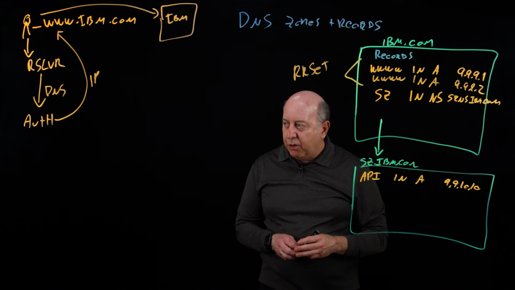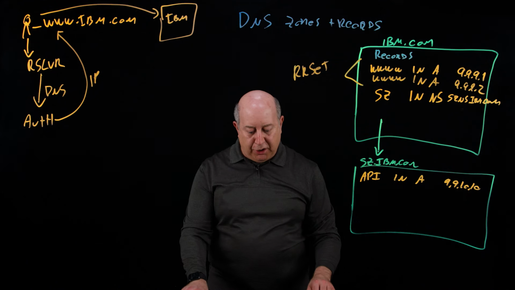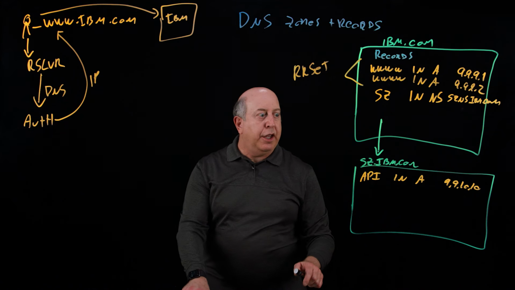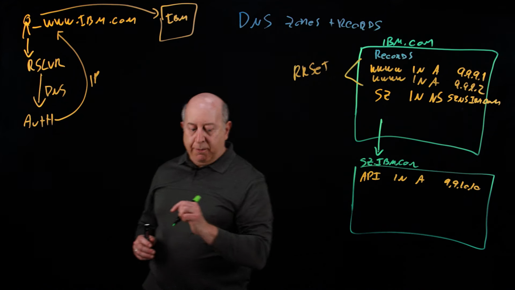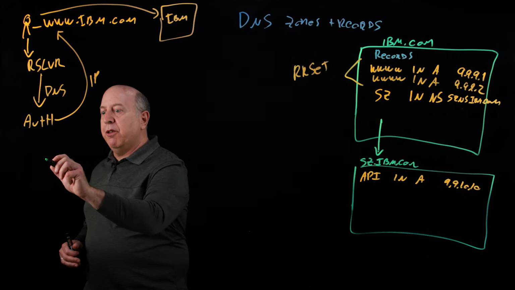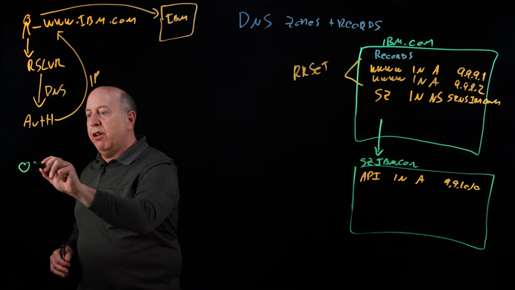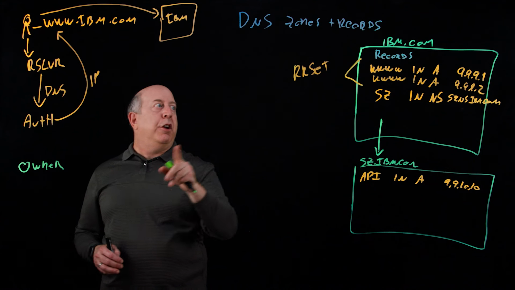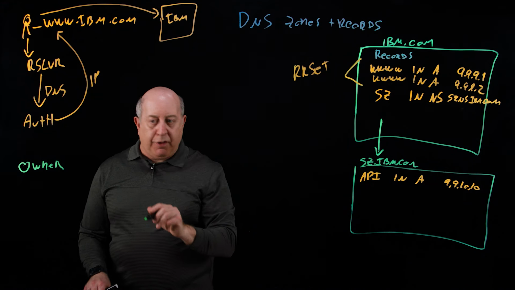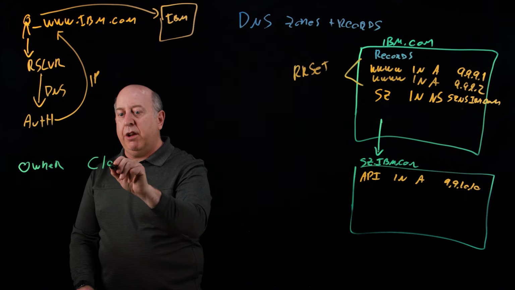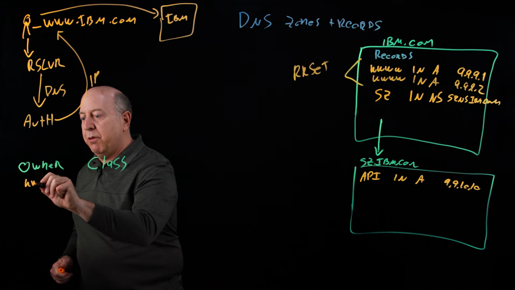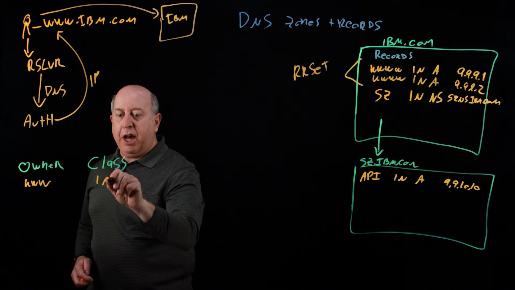So now let's talk a little bit about the different types of records that are available. Let's talk about the format of records. Records have a number of fields. First, they have the owner field, which is like the www. They then have a class. So this is www. The class would be IN.